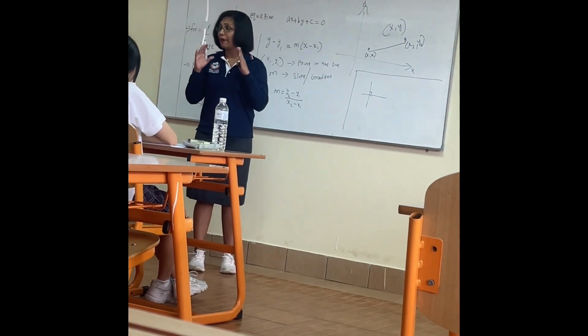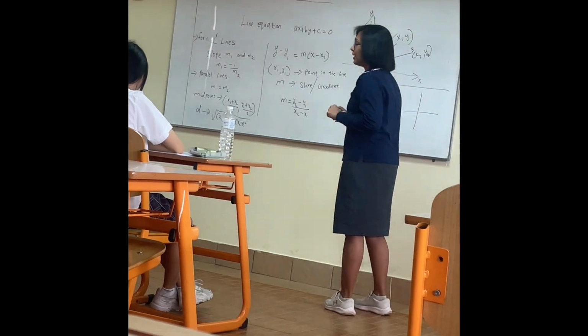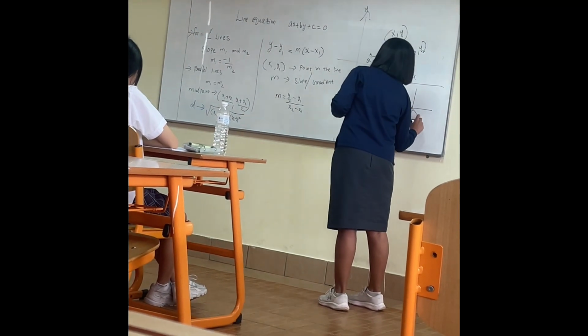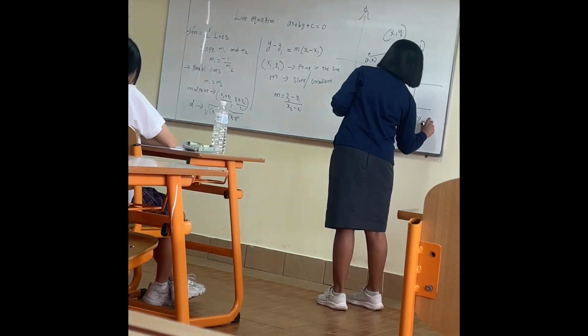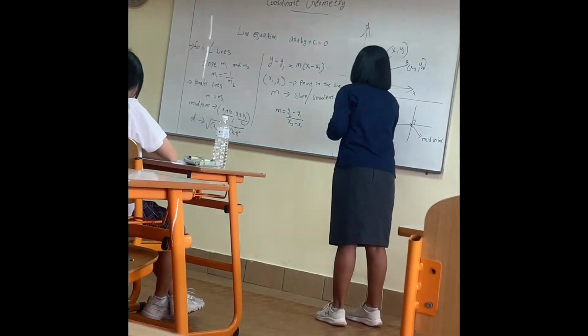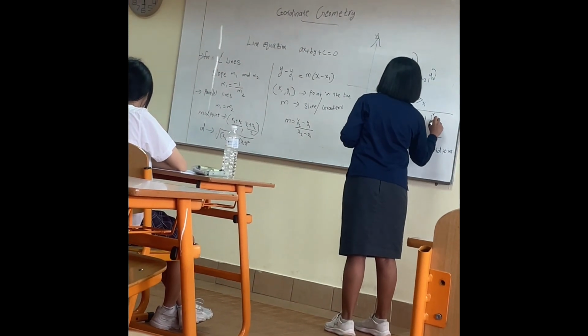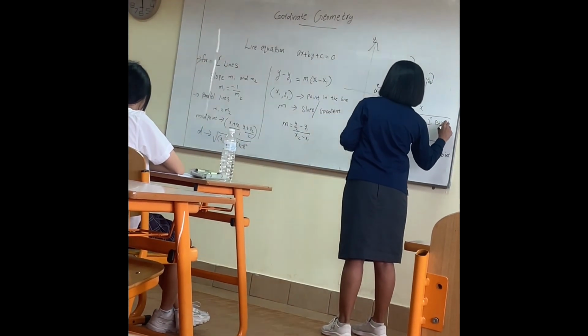But perpendicular bisector will pass through and bisect equally. It should be the midpoint, and also make 90 degrees. So this is a perpendicular line, but this one is a perpendicular bisector.